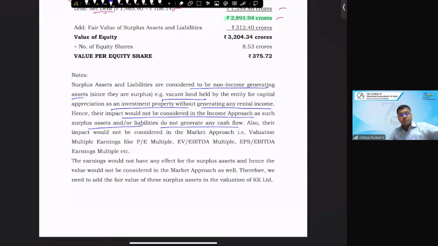Yes, sir. Now, coming to the next part, also their impact would not be considered in the market approach. Market approach takes your market valuation and applies certain multiples like your PE multiple, EV EBITDA multiple, etc. So nowhere will your surplus assets and surplus liabilities be considered because these are non-cash generating assets.